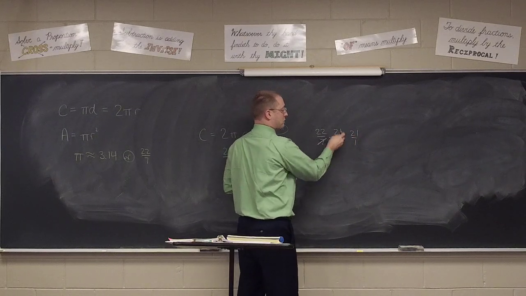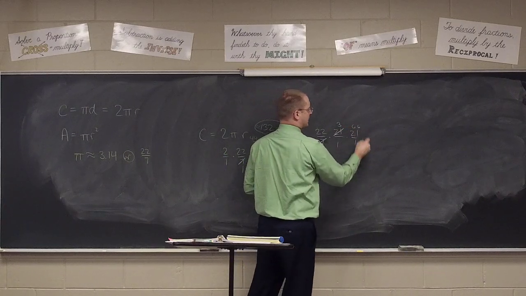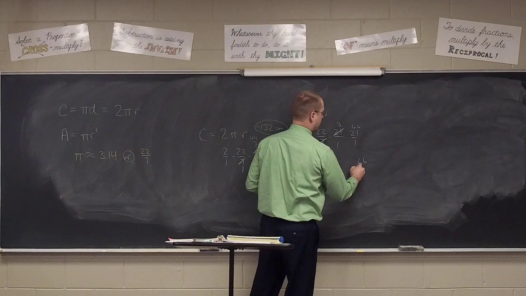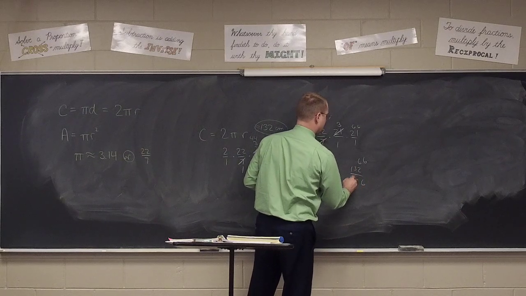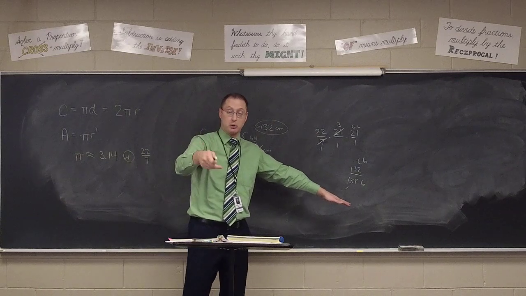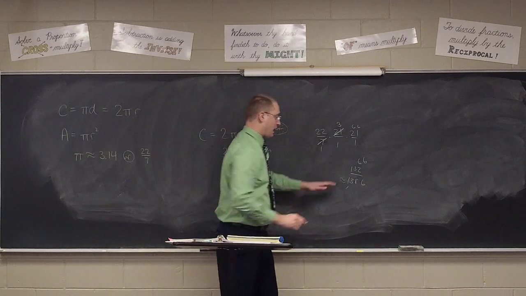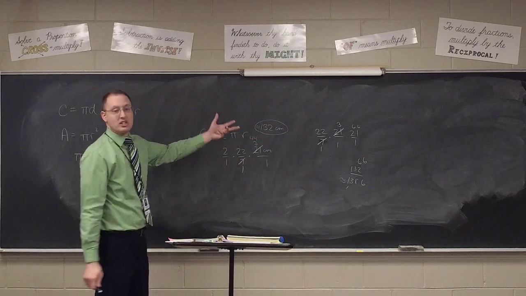Well, the 7 cancels with one of the 21s to get you the 1 and 3. That gives you 66 times the 21, 1,386, which you said 1,384.74. Well, again, it's approximate, okay? And it just is so much easier, right?